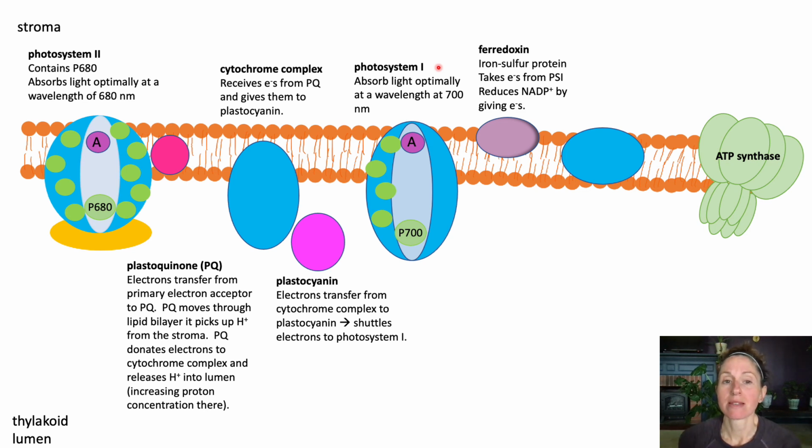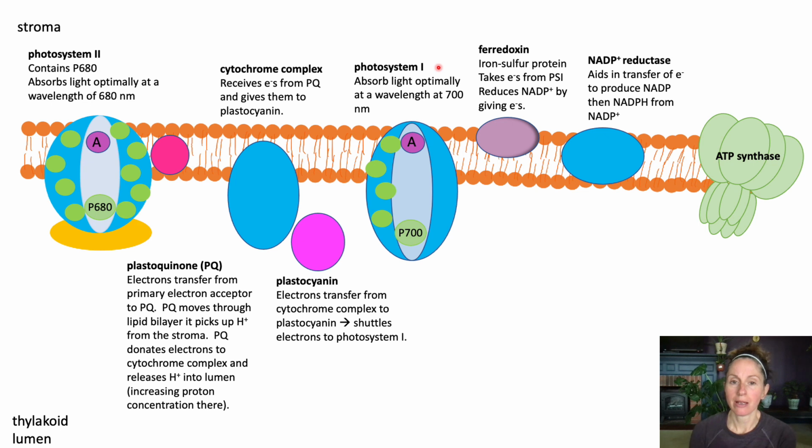Electrons are then sent to ferredoxin, which is an iron sulfur containing protein, and it's going to take electrons from photosystem 1 and send them to NADP plus reductase. NADP is a lot like NAD, so just keep in mind that it is an electron carrier in the same sense that NAD and NADH are in cellular respiration.